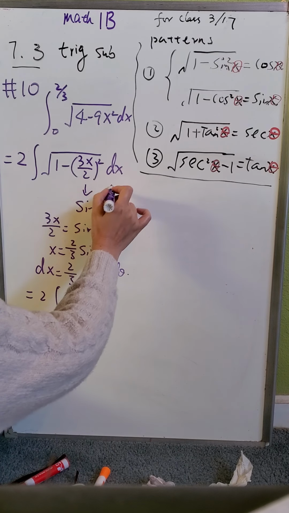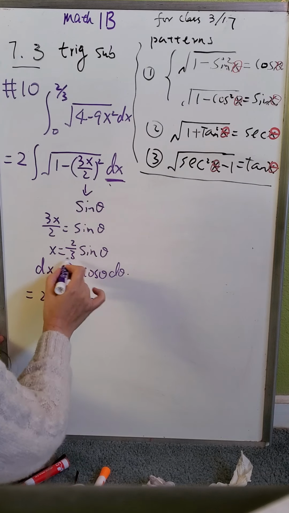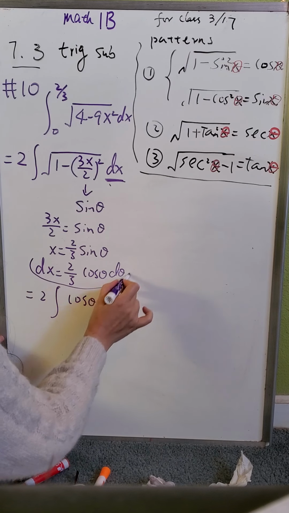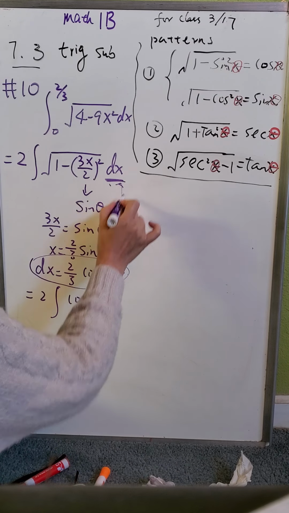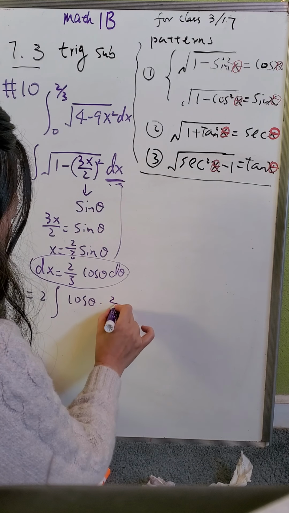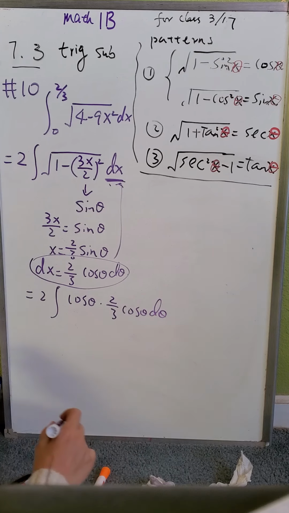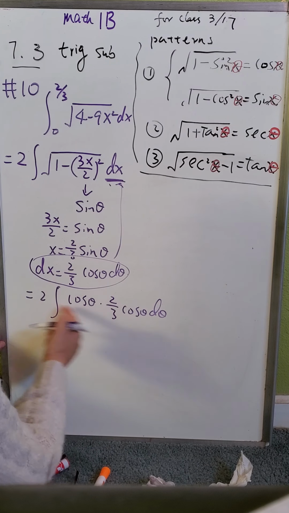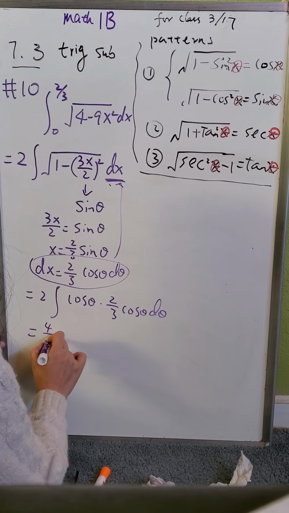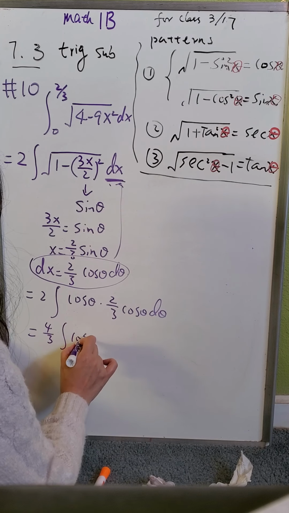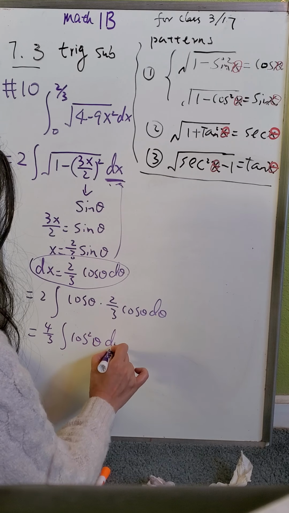And the dx here is equal to this one. Okay, put it inside here. And then times 2/3 cosine theta d theta. So simplify this, take out sine, so that becomes 4/3 cosine squared theta d theta.